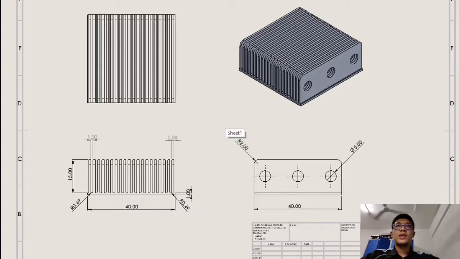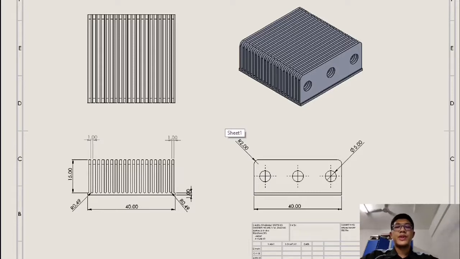The thickness of the fins itself is 1mm, with 1mm gaps between the fins. The fins also have a curved edge with 2mm radius and have 3 5mm holes bored onto them.